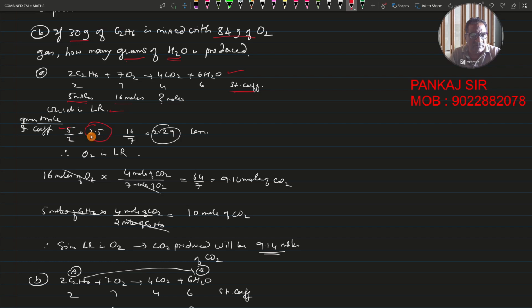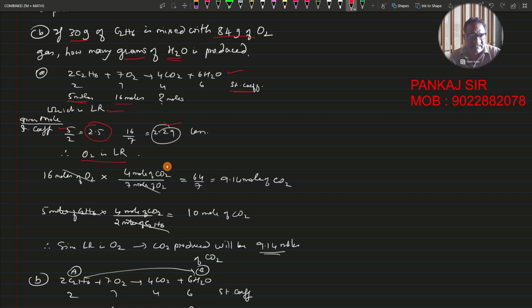Now, out of 2.5 and 2.29, obviously 2.29 is the lesser value. So the reactant corresponding to this lesser value has to be the limiting reactant. So your oxygen is the limiting reactant. Got it?